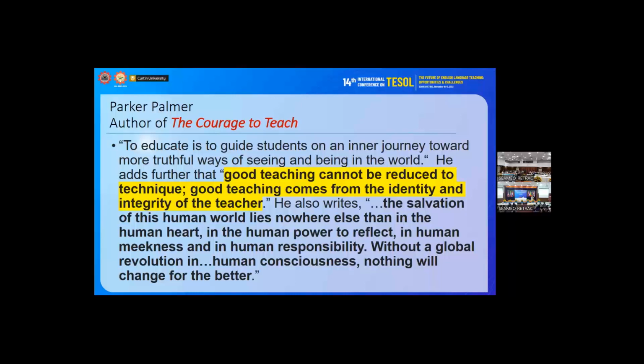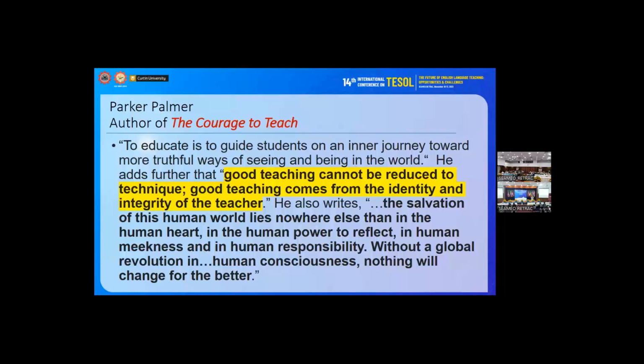All of you who spoke today, I could hear identity and integrity in your words. Every one of you. Beautiful. He also writes, the salvation of this human world lies nowhere else than in the, and notice the word human, heart, the human power to reflect, human meekness, human responsibility.